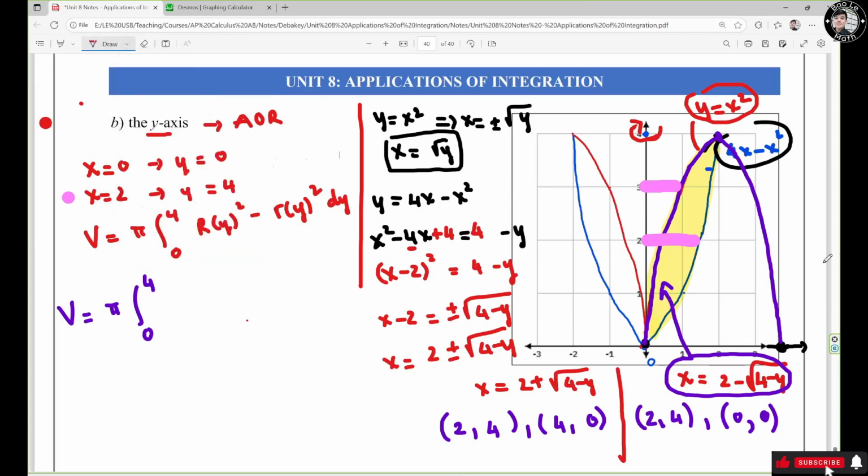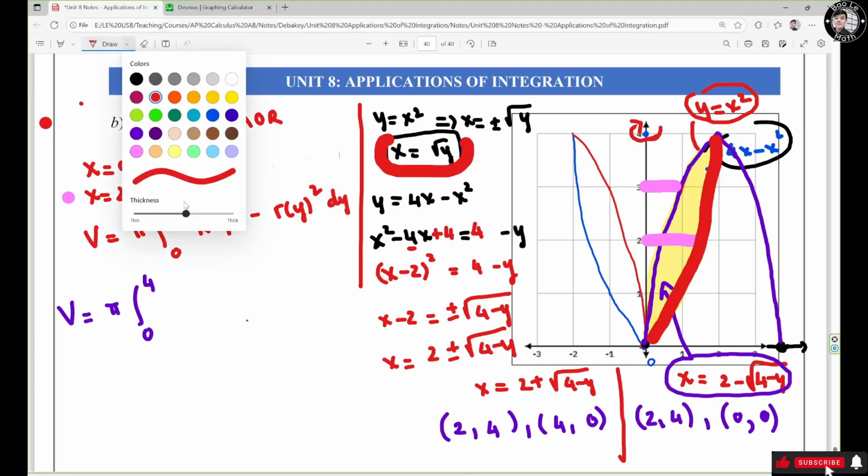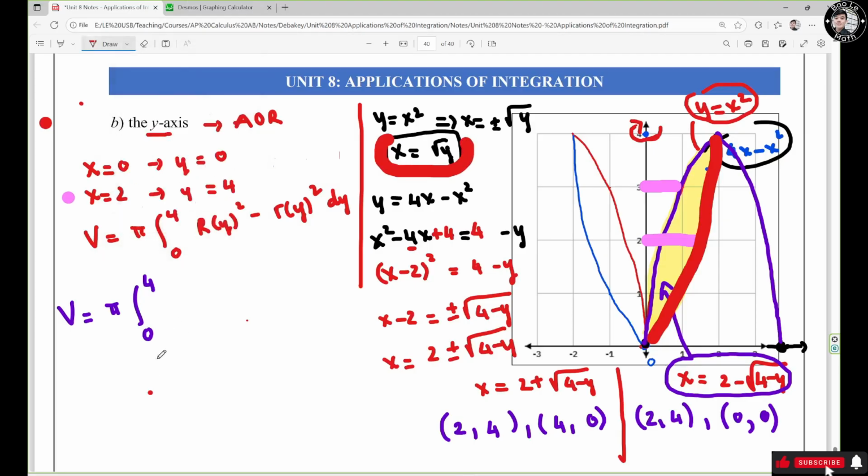So does that mean the parabola right here? We got it right here, right? And it's going to be square root of y minus 0 altogether squared, right? Because the axis of revolution is the y-axis, which is s equals 0, right?